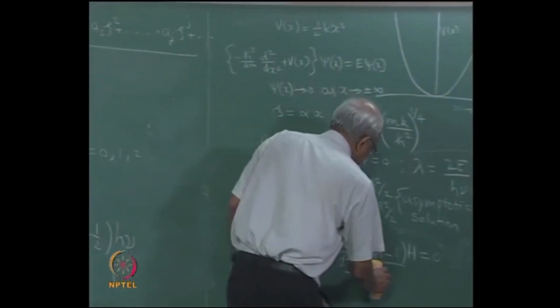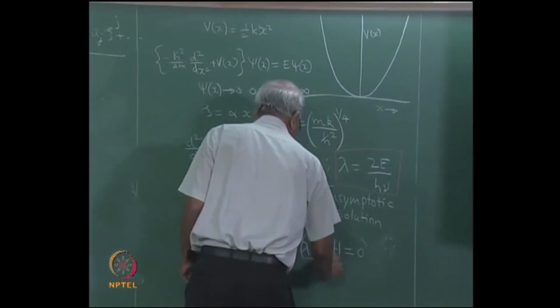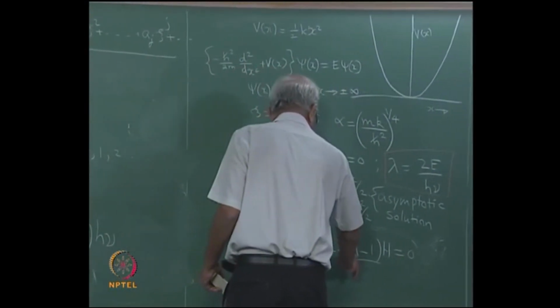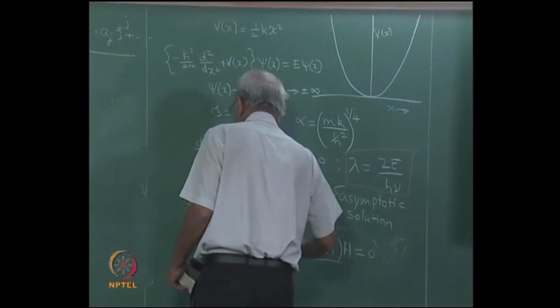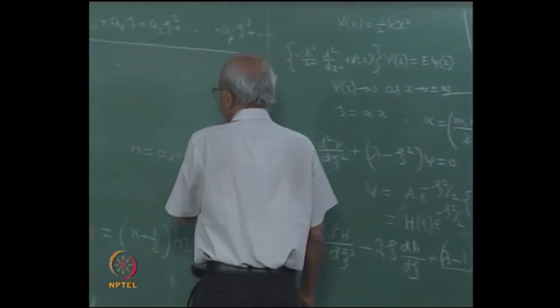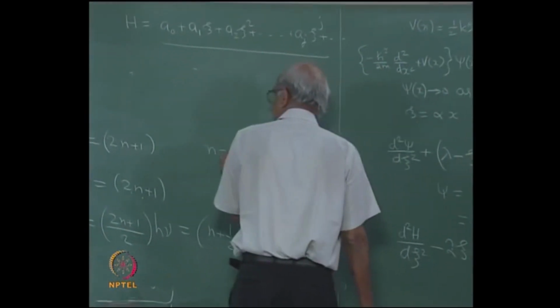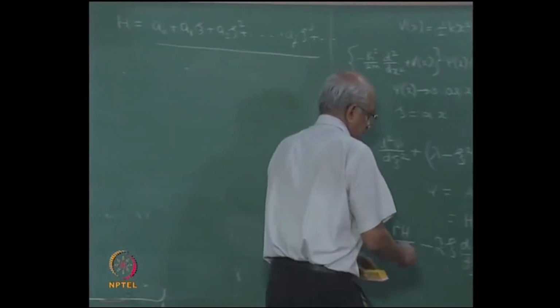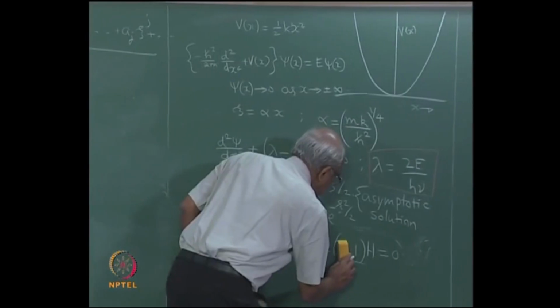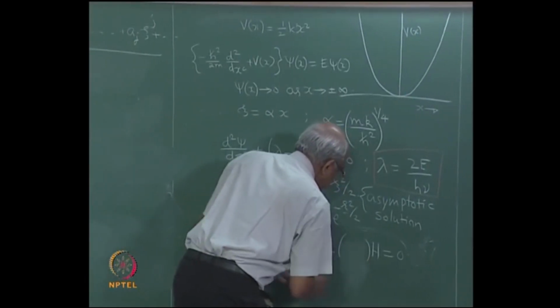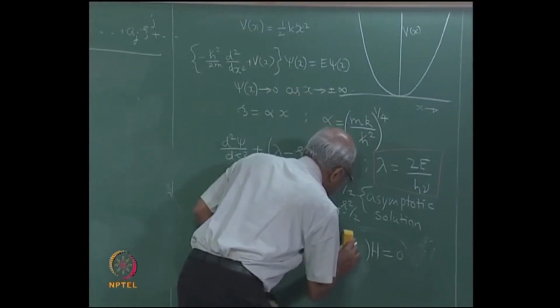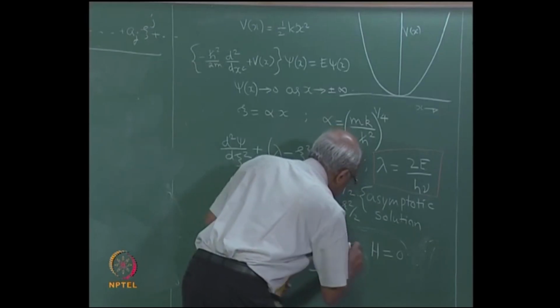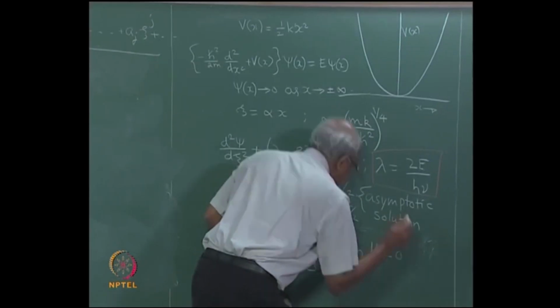And you can replace lambda in here with the 2n plus 1, and you will get a differential equation which will read like so.